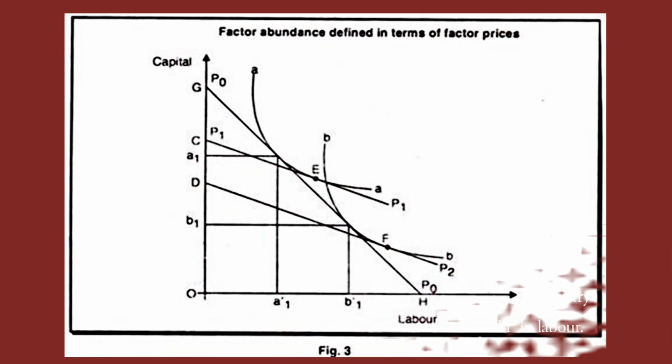A look at figure 3 will reflect that the slope of the factor price line in country 2 is less steep than P0 P0, the factor price line in country 1.